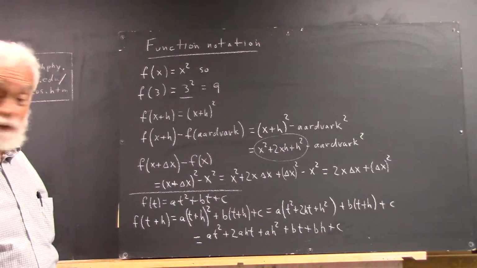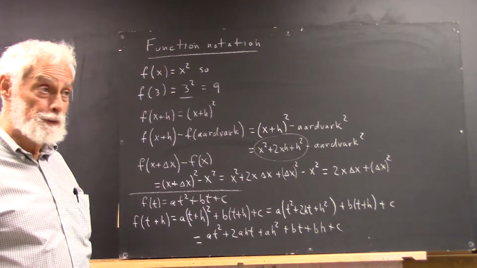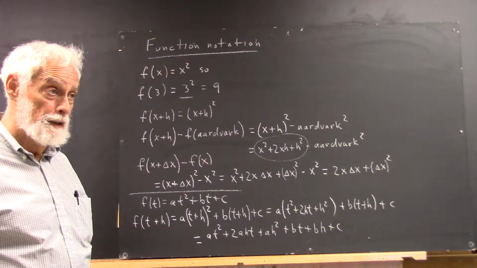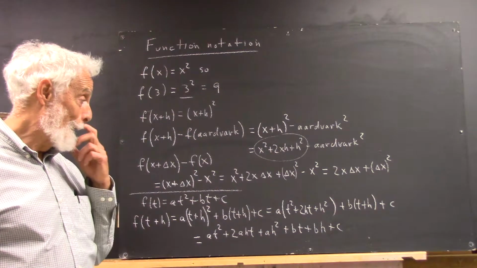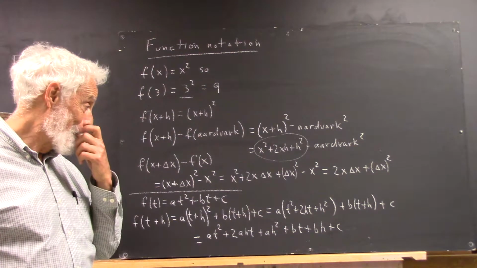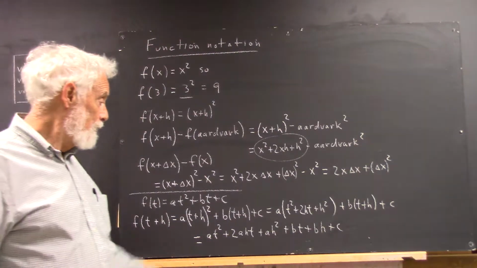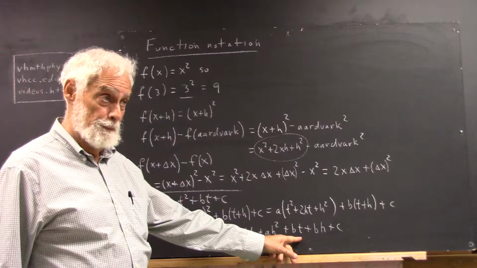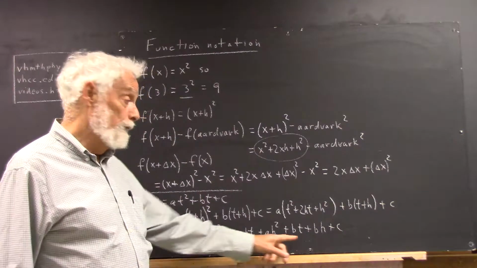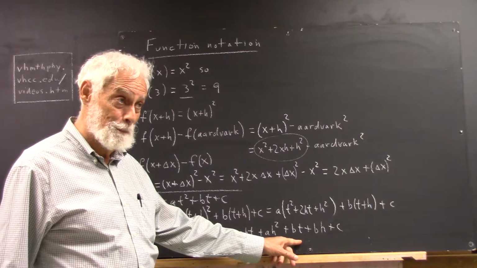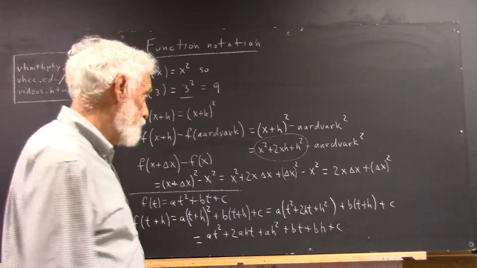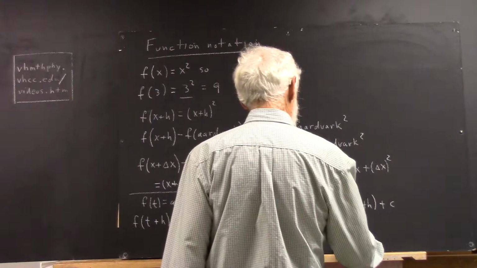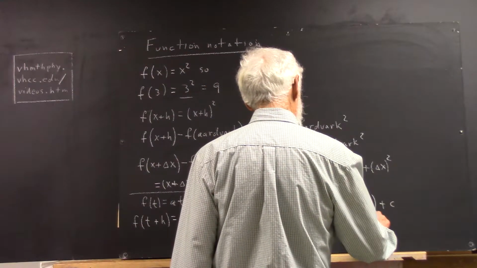Okay, for example, anybody want to point out something I can do to simplify? Well, I've got a multiple of t here and I've got a multiple of t here. Well, I could combine those. Okay? So that's going to be at squared.